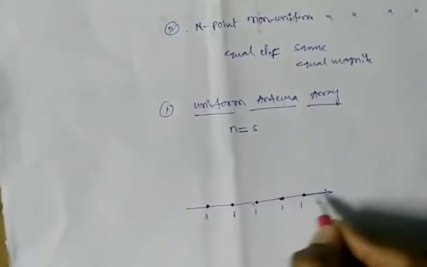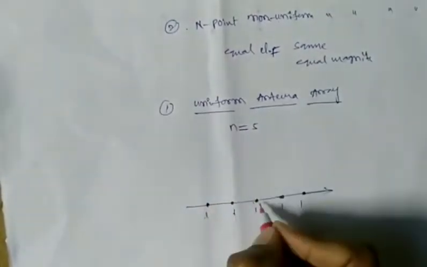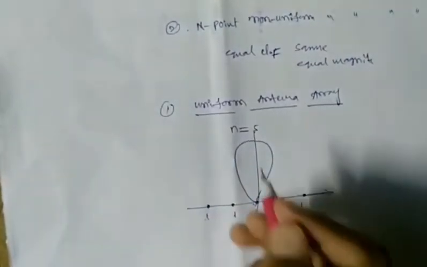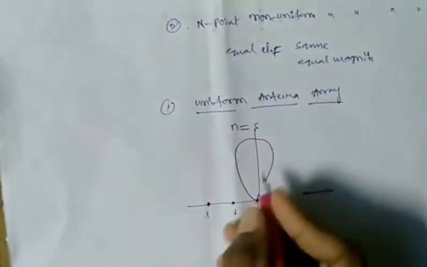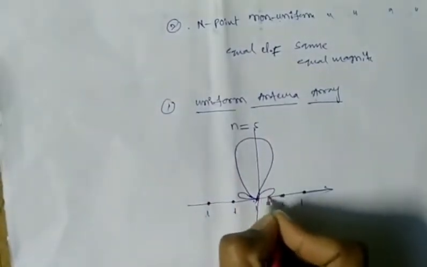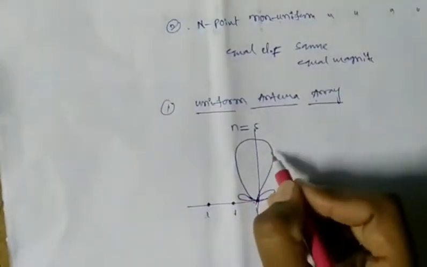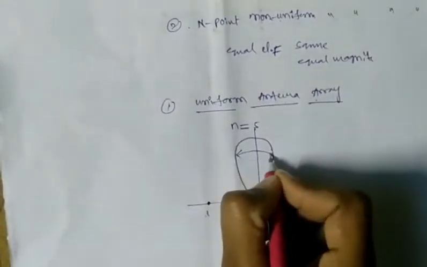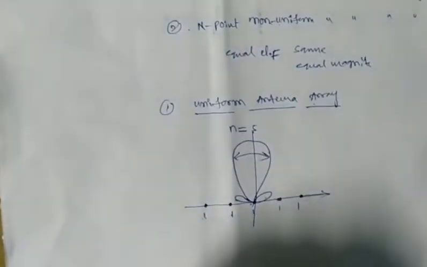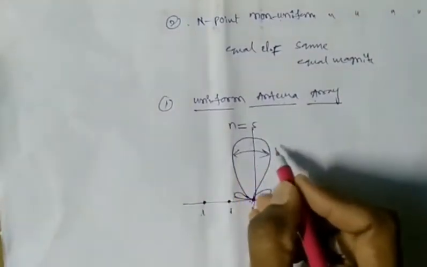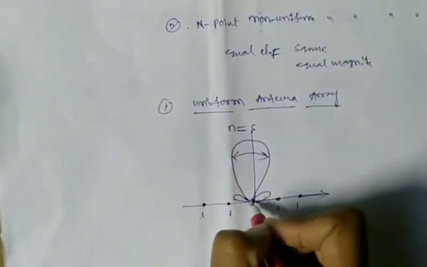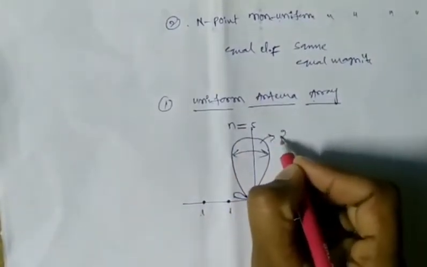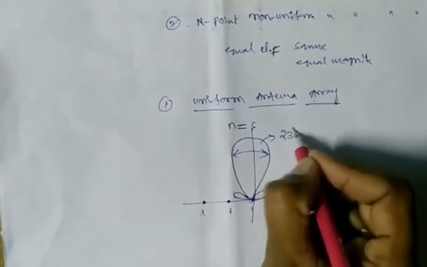And what is the radiation pattern of this 5 element antenna array? The radiation pattern will be like this. In this uniform antenna array the side lobes or minor lobes also exist along with the major lobe. And what is the half power beam width of this lobe? Already we know that we find the half power beam width on the major lobe only. For this n equal to 5 element antenna array, we obtain a half power beam width of 23 degrees.